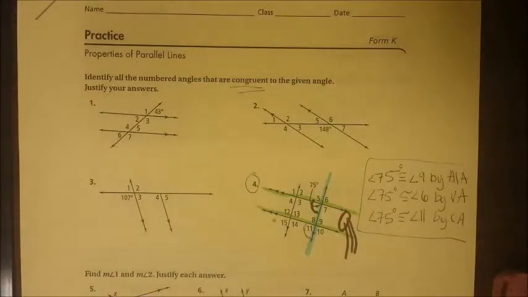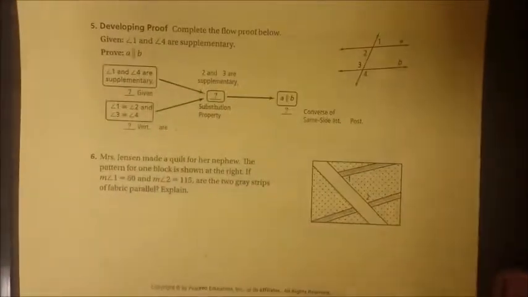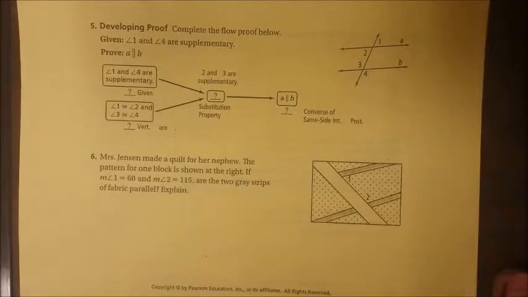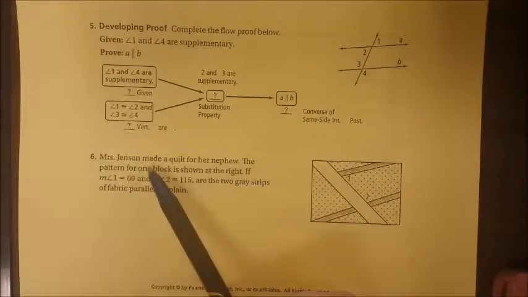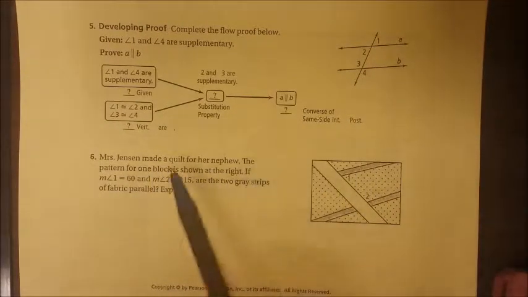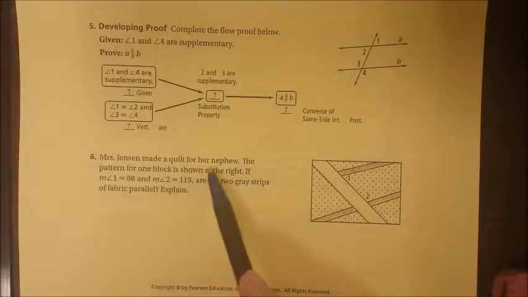If you want to flip it over, on the back side of that page, down at the bottom, there's a map. I'll help you with the map one. Okay, down here at the bottom, it says, I guess it's not a map, this is the quilt block. Mrs. Jensen made a quilt for her nephew.